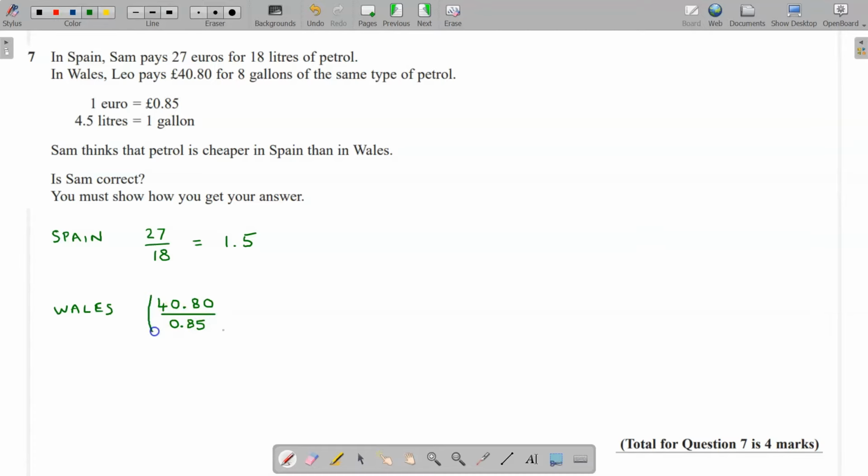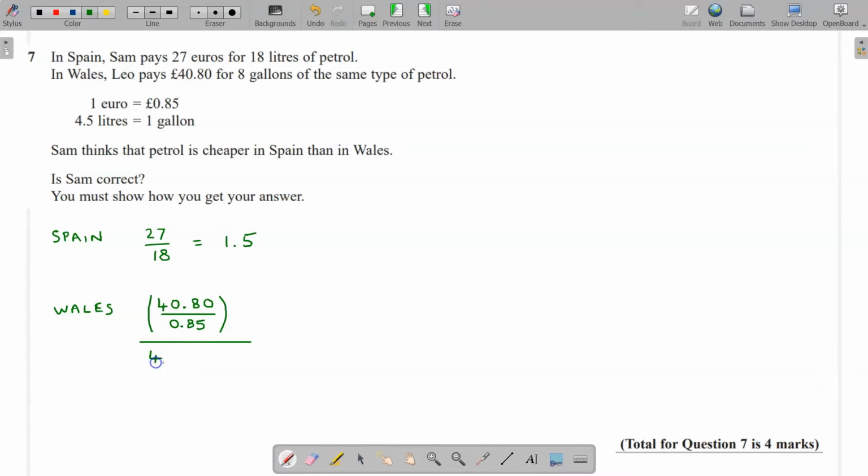But I'm going to need to divide that answer by something. I don't need to work out what that is. I just need to put it in a bracket and then use it in a division to divide by the number of litres of fuel that was bought. Well, we know it's 8 gallons and it's 4.5 times 8 litres.